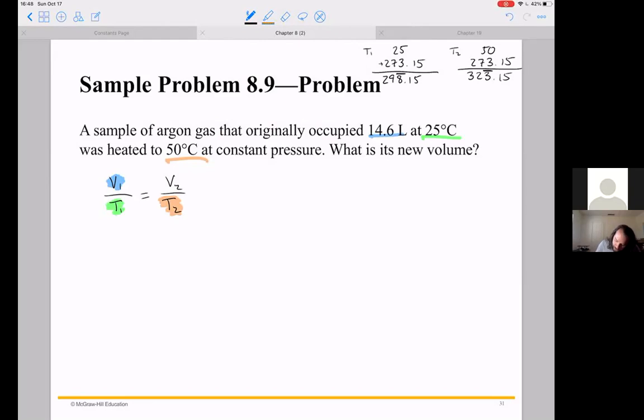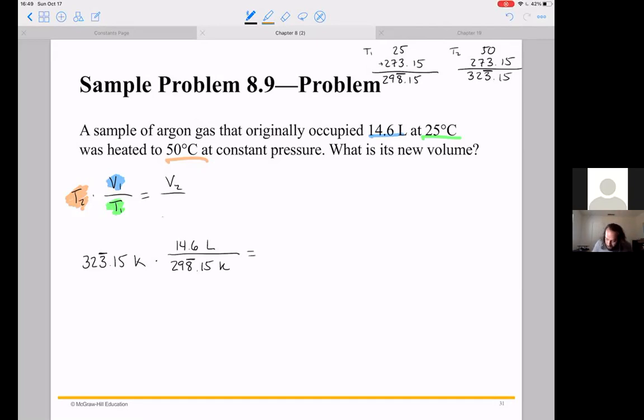So now I'm just going to plug in my variables. I can rearrange this equation first. It doesn't really matter whether you do it before or after. Multiply by T2. It'll cancel out over here. So plug in my variables, 323.15, again marking that sig fig, times the volume of 14.6 liters divided by 298.15 Kelvin, again marked with 3 sig figs.